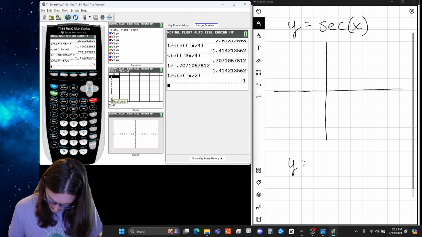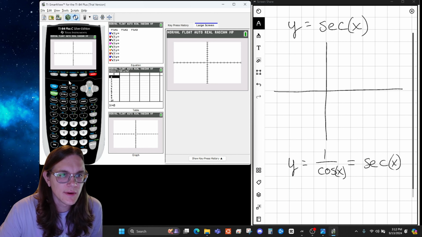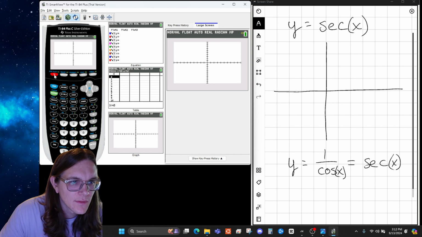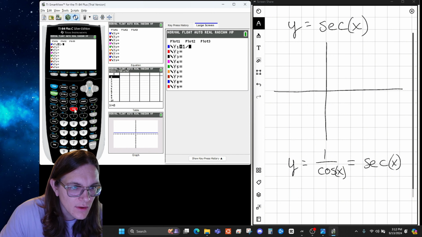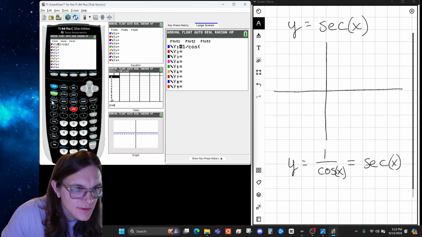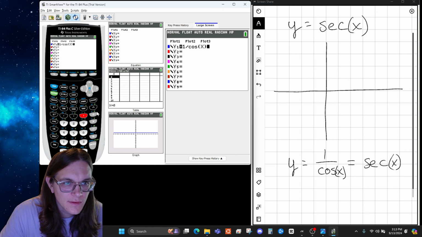And since I know 1 over cosine is the same as secant, we'll go in here and say y equals 1 over cosine. Oh, is it updating live? 1 over cosine of, and then we have an X button right here. We'll say okay, and then graph.